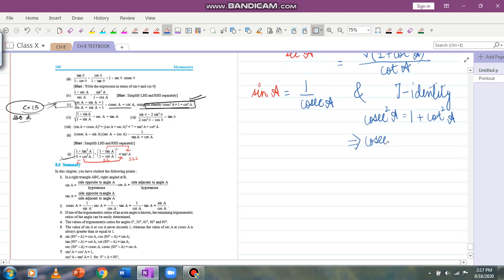So cosecant A will be equal to square root of 1 plus cot square A, and let's use the value here.